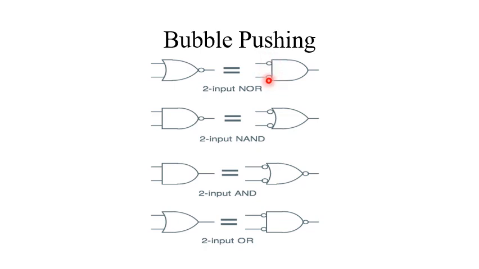At the same time, the NAND gate is replaced by an OR gate. Since NAND has a NOT at the output, in bubble pushing that NOT moves, and the input side has two bubbles.